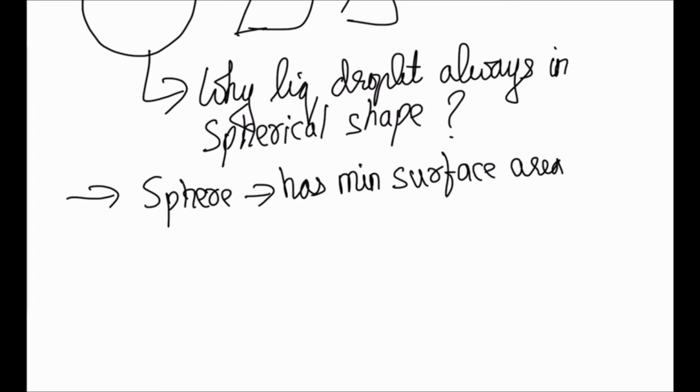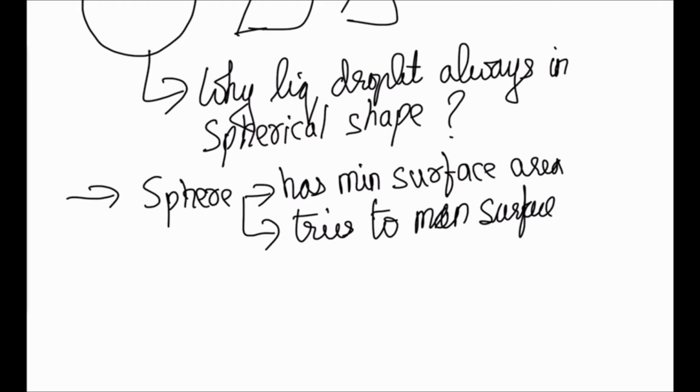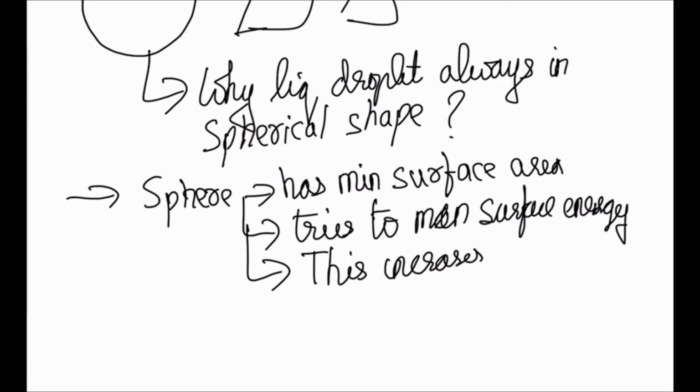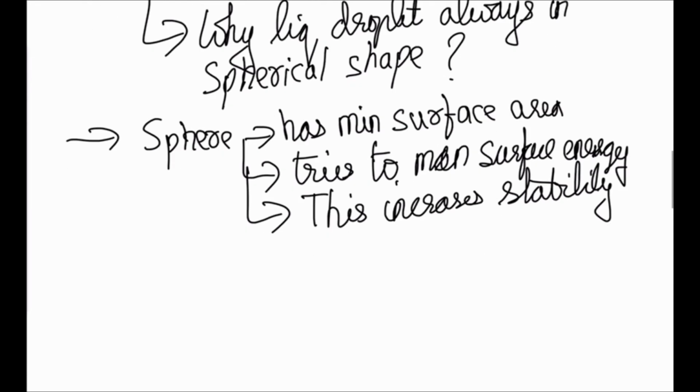If we look at our planets and asteroids, most of them are spherical in shape. Why? Because a sphere has minimum surface area, and every object in this universe tries to attain minimum energy, minimum surface energy. This increases the stability.